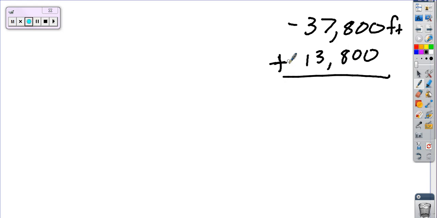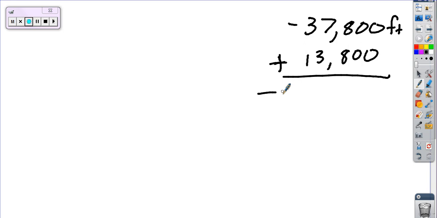You tell me the answer to that one. Still going to get a negative number. So what would be the answer to this problem?